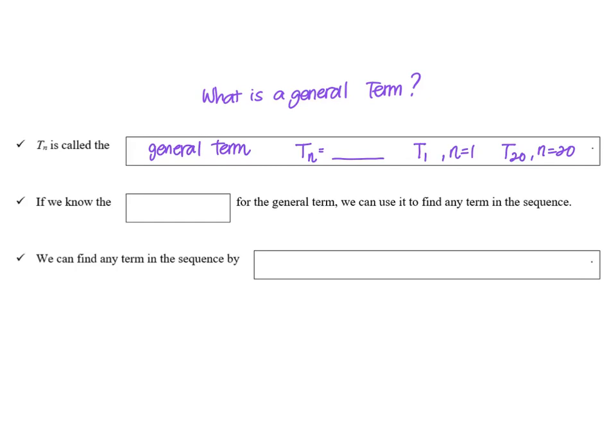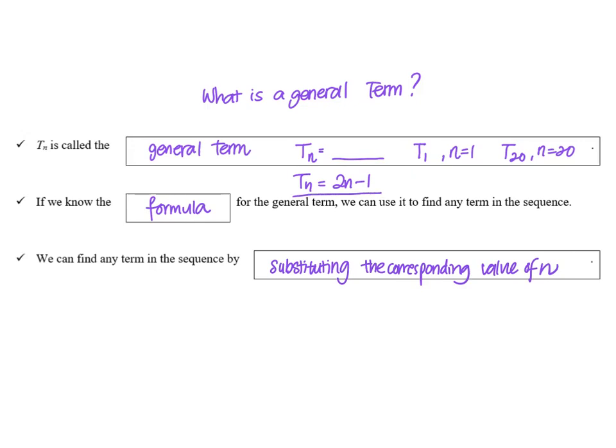Now, if we know the formula for the general term, we can use it to find any term in the sequence. For example, if the formula for Tn is, let's say, 2n minus 1, then we can find any term in the sequence by substituting the corresponding value of n. What does this mean?